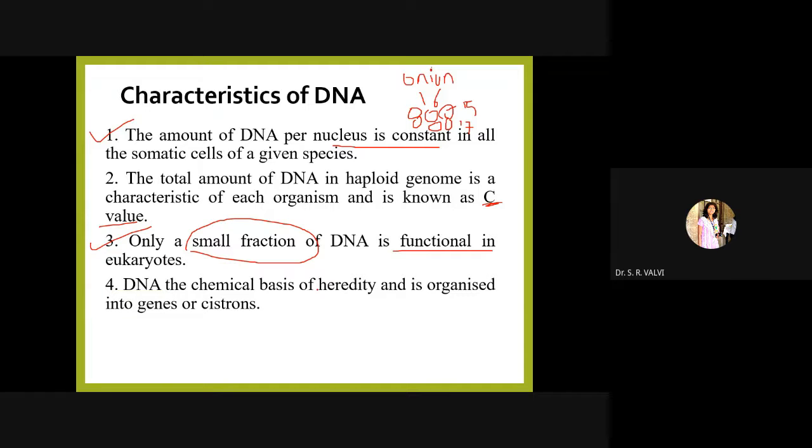Let me take a pen. Here we are observing a very condensed part of the chromatin, and on the other hand we are observing a loosely arranged chromatin, right? This condensed part is called heterochromatin.